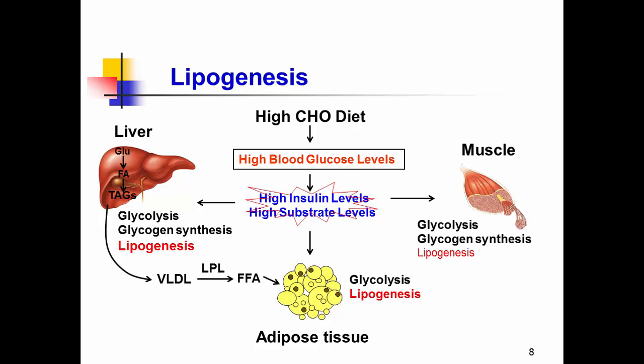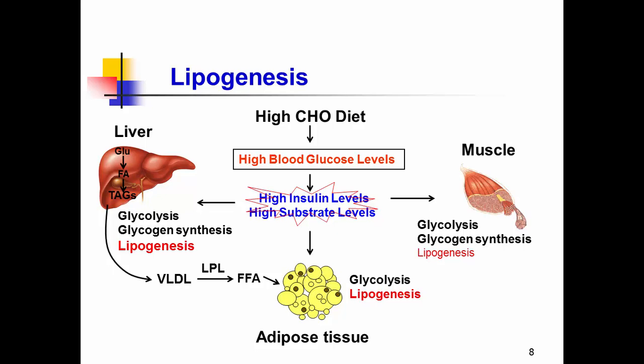So eventually the fatty acids are taken up into adipose tissue and re-esterified again to triglyceride and then stored in the adipose tissue, right? So there is also triglyceride synthesis in the adipose tissue. And the muscle can also take some fatty acids and synthesize triglycerides stored in the muscle.